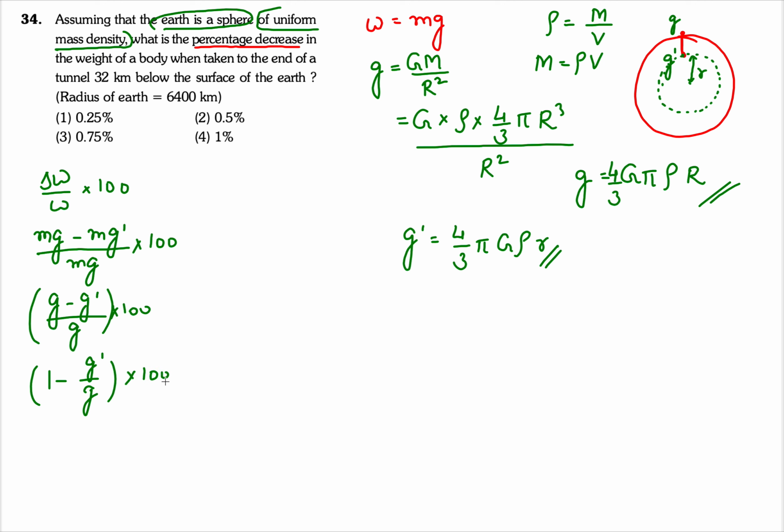Okay, now we are calculating only g dash upon g.